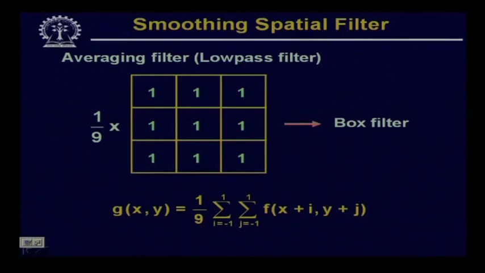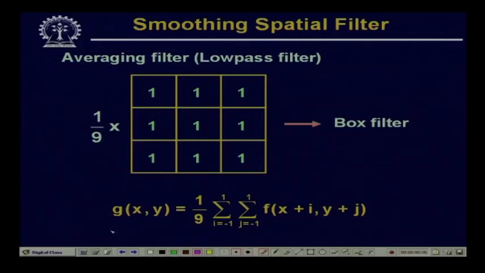Naturally, as this expression says, what we are doing is taking the summation of all the pixels in the 3 by 3 neighborhood of the pixel location x y and then dividing this summation by 9.